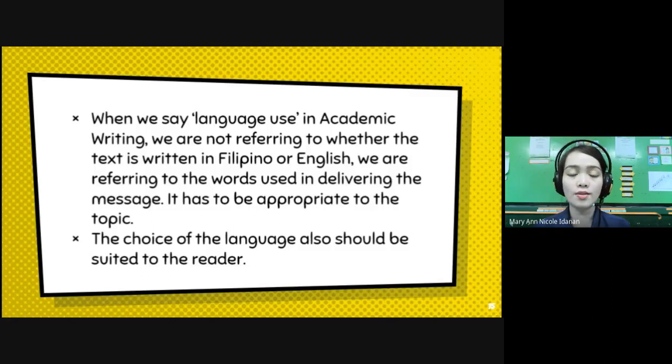Okay, and so they need to just have the ordinary terms for them to understand what you are writing is all about. So again, the appropriateness of the language should be based on your topic. It can also be the setting, and most of all, it must be suited to your reader. Who are your readers?